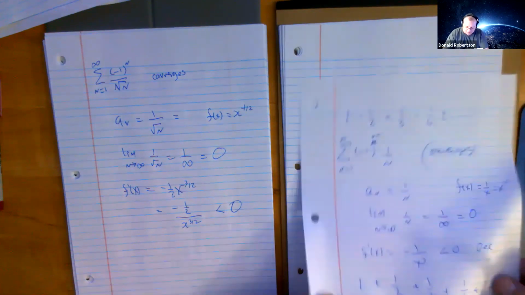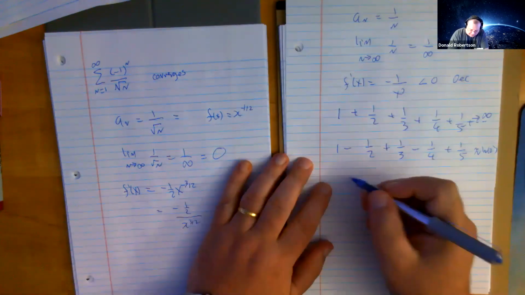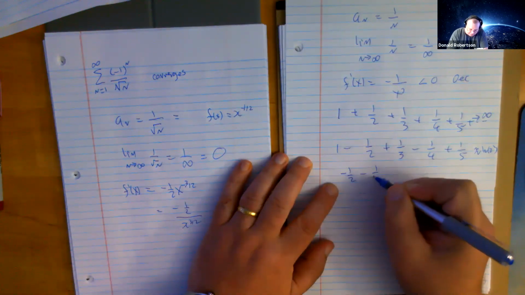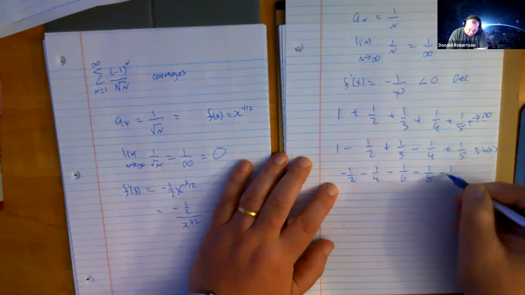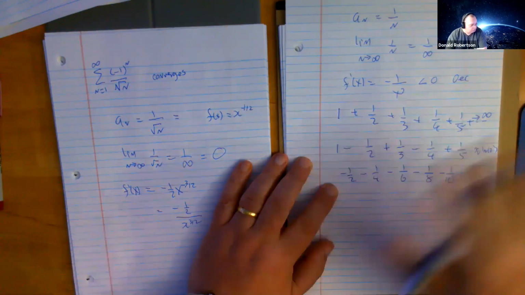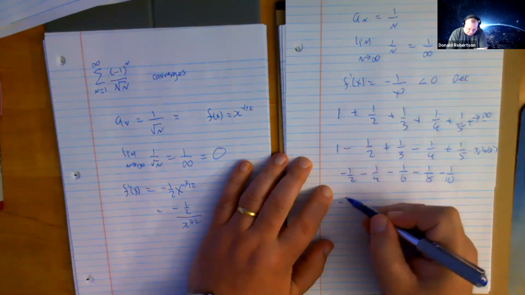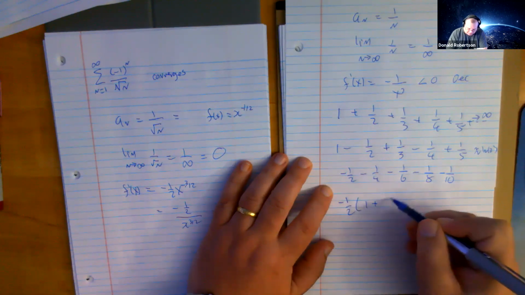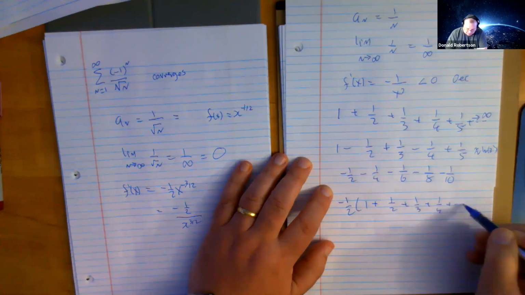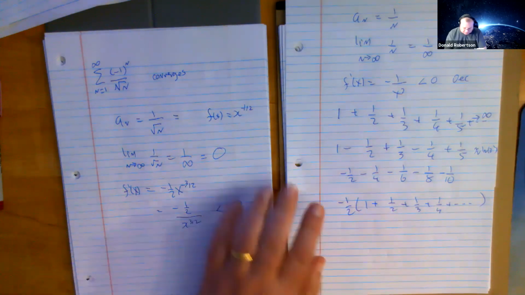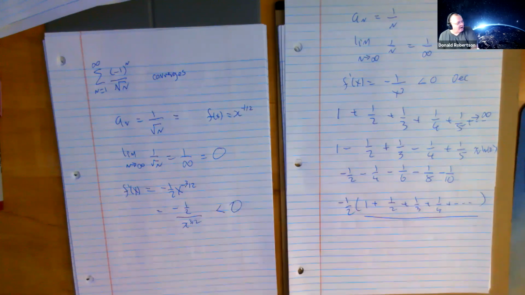And then you start doing some weird stuff. If I only write down the negative terms, if you suck out negative a half, can you see that this is basically negative a half of a harmonic series?